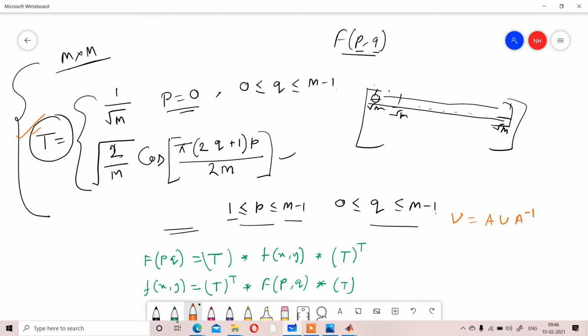If A is completely real, then A inverse we can write as A conjugate transpose. We have seen that the matrix is unitary, so A inverse is defined as A conjugate transpose, and the conjugate of a real part is the same. There should not be any change. So A conjugate will be A, so obviously you can write A transpose. That is the reason in the place of T inverse we have considered T transpose.